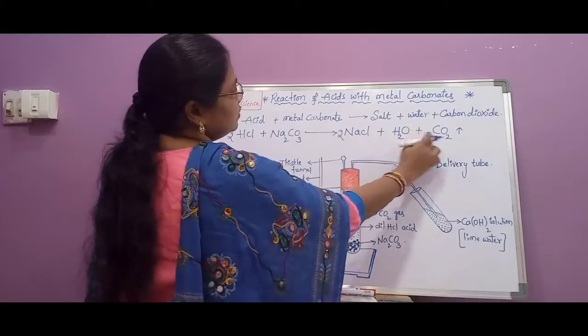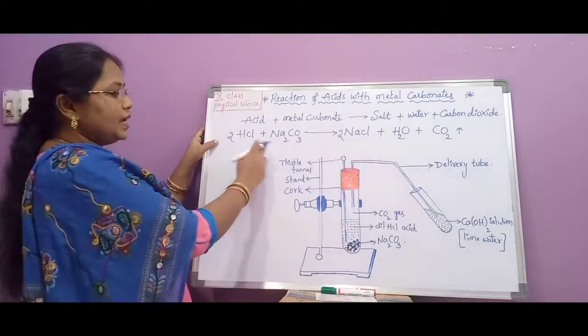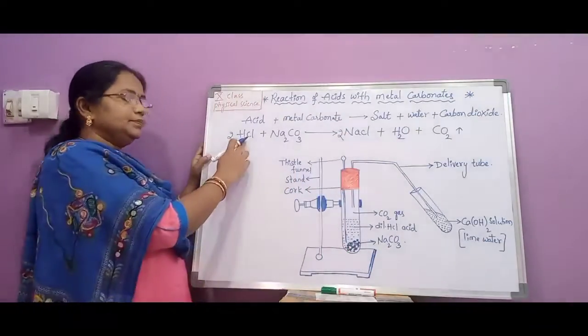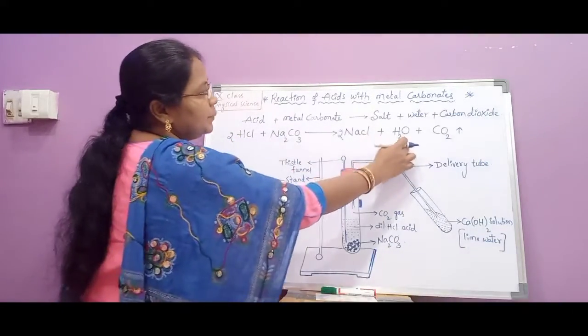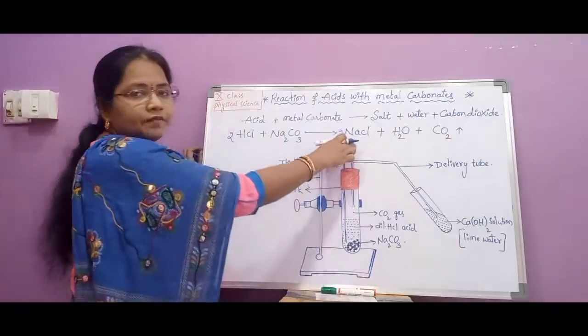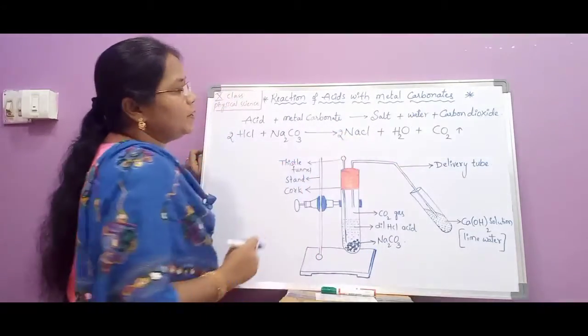This is the balanced reaction taking place between hydrochloric acid and sodium carbonate. We are getting 3 products: salt, water and carbon dioxide. Here the salt formed is sodium chloride.